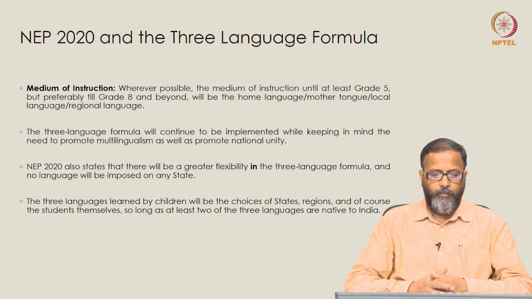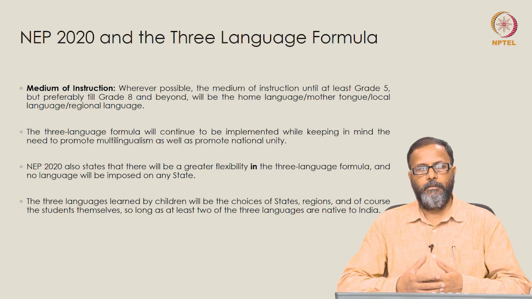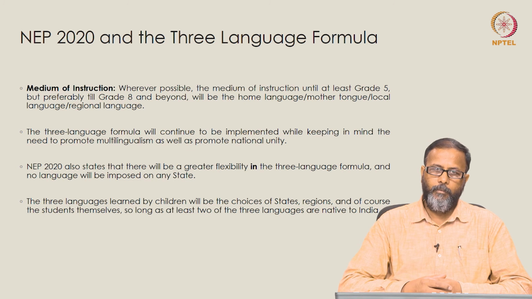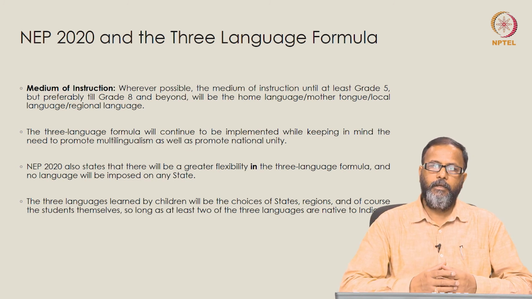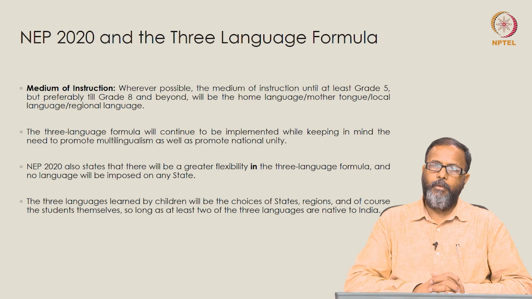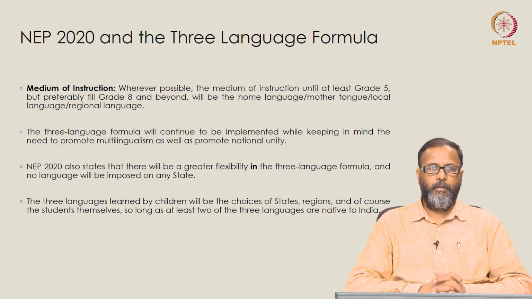So medium of instruction, wherever possible, this policy document says, wherever possible, the medium of instruction until at least grade 5, but preferably till grade 8 and beyond, will be the home language or mother tongue or local language or regional language, whichever is applicable.